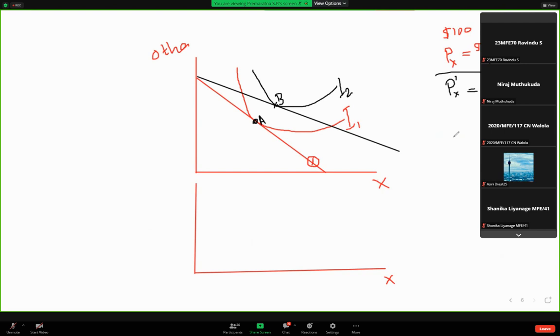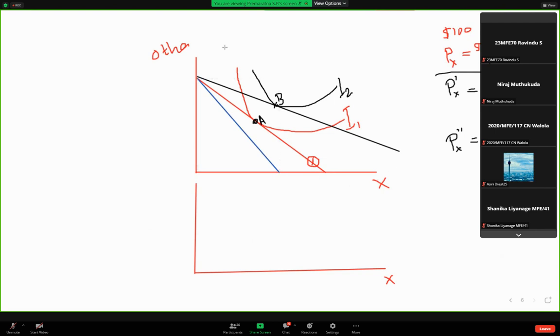Now, the second shock: say the price of X increases to $5. The budget line rotates clockwise and reaches somewhere here.